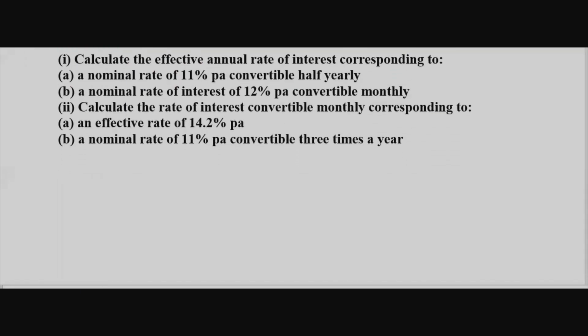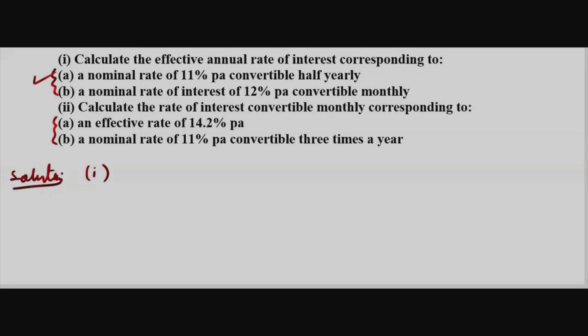How many parts we have? 2 parts here and 2 parts here. Let's do part 1. In all of these cases, you need to find the effective annual rate of interest I. So in A, what is given? Nominal rate of interest of 11% per annum convertible half yearly.